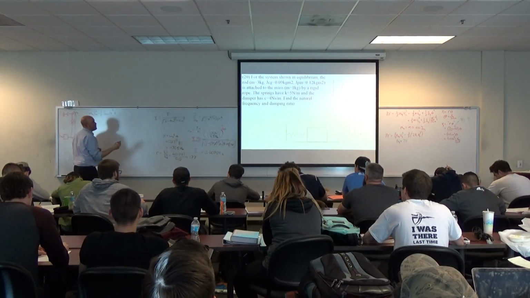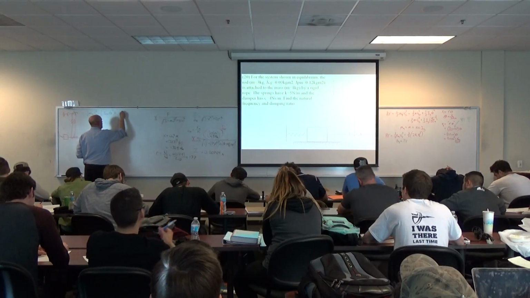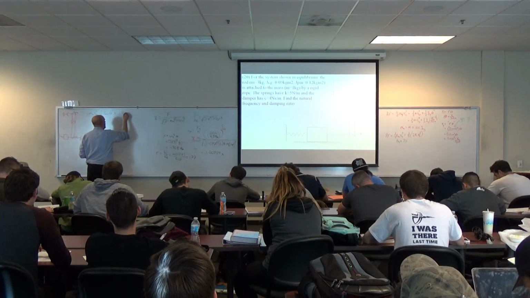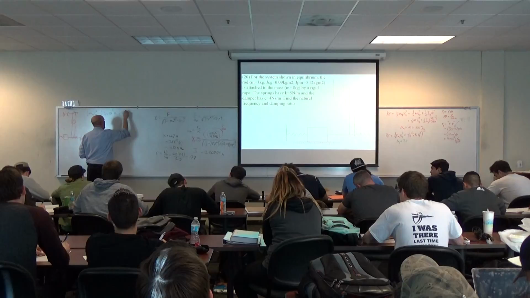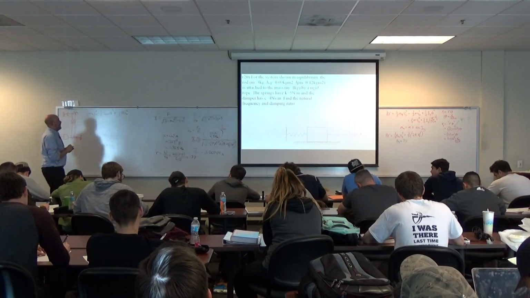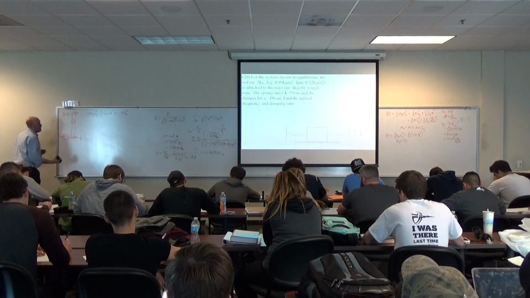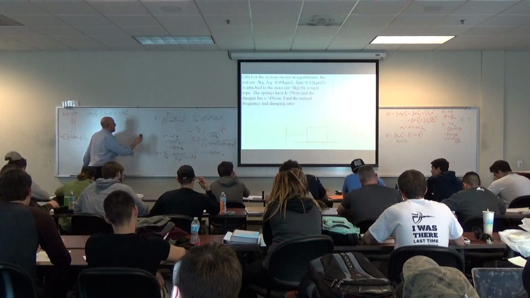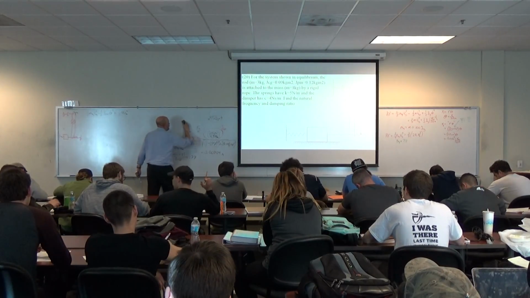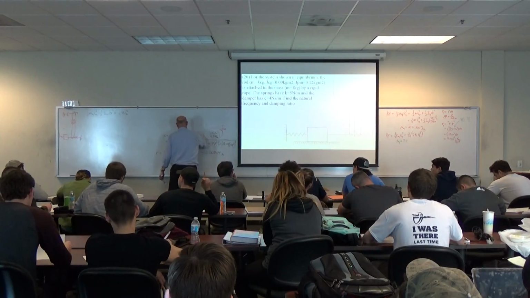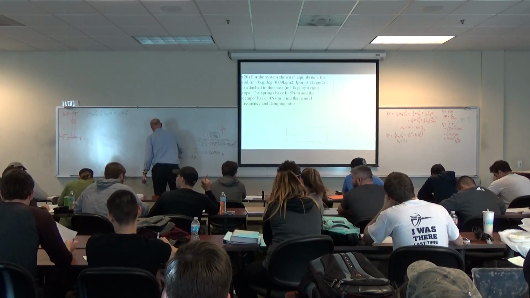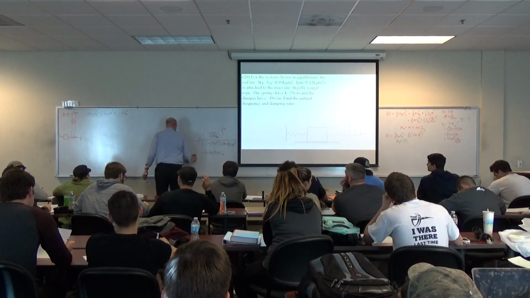That block on the bottom, so it's 1/2 m x m dot squared. So that's the fundamental equation. And then now we need to use kinematics to relate our distances.